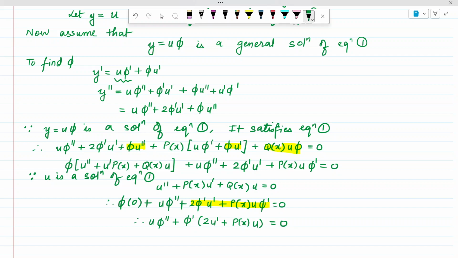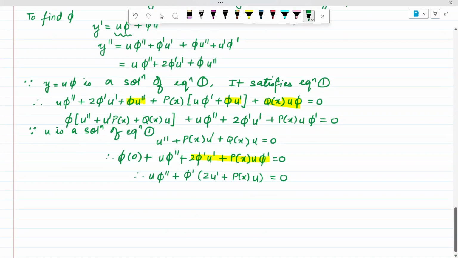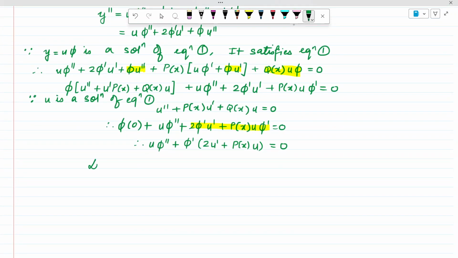Now we have an equation in phi dash and phi double dash. So let's assume phi dash is some function v, v of x you can call it. So phi double dash will be v dash. Let's replace it: you will have u v dash plus v times 2u dash plus p of x into u. This entire thing is equal to 0. I'll divide throughout by u.